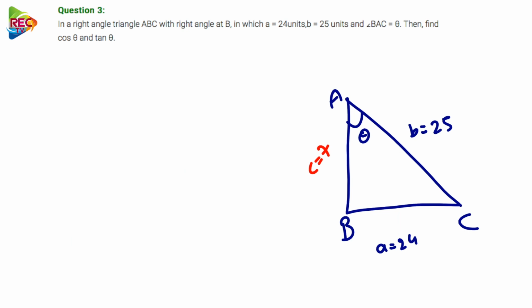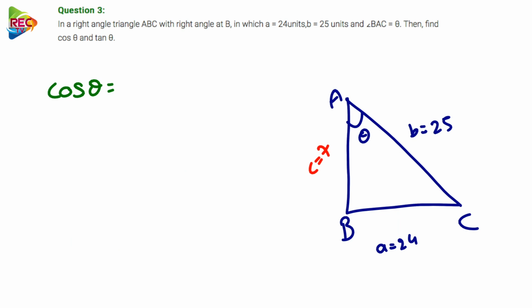Here find the values of cos theta and tan theta. Cos theta equal to the length of the adjacent side to the angle theta by the length of the hypotenuse.